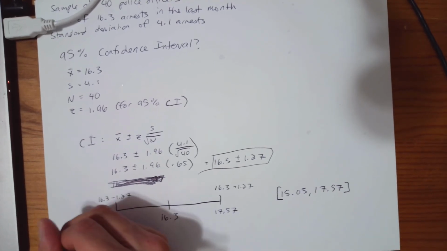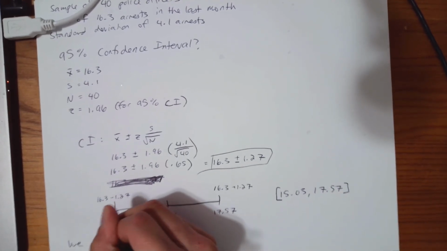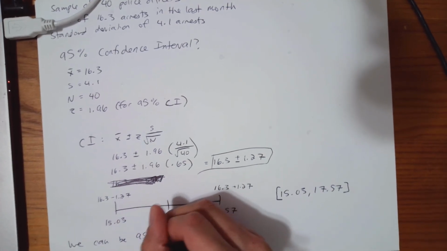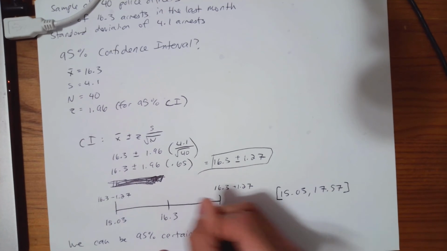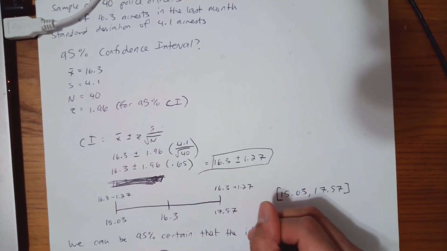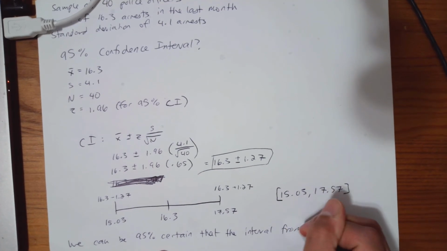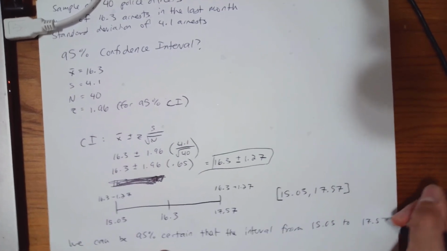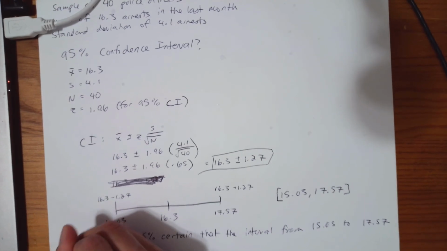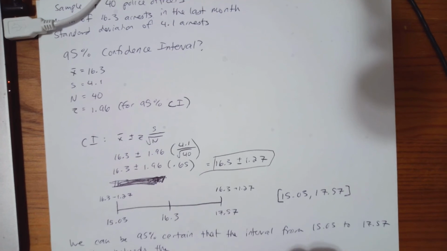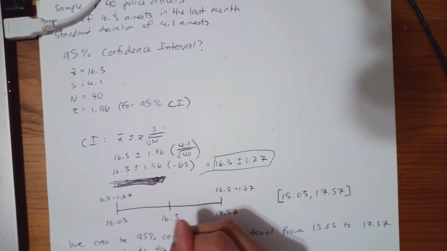And we would say we can be 95% certain that the interval from 15.03 to 17.57 arrests includes the true population mean.